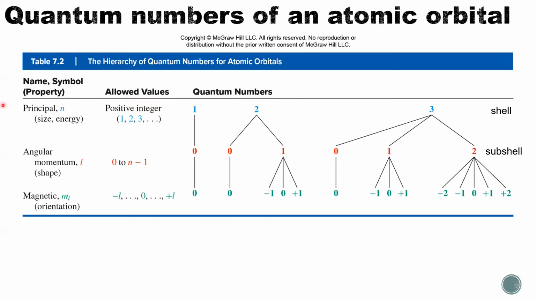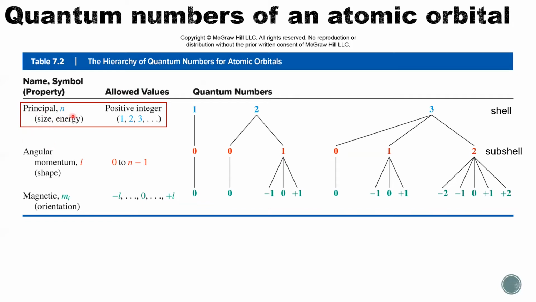So we have the principal quantum number, which has the symbol n. That's the one we are most familiar with. It defines the energy of that orbital, and also defines the size of the orbital. We're going to talk about that in later slides.